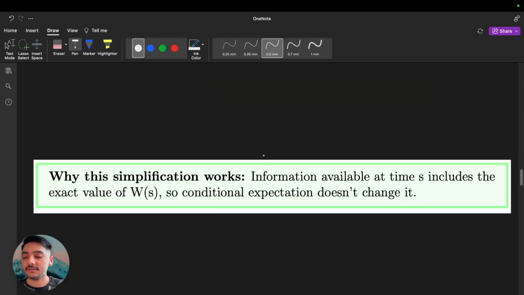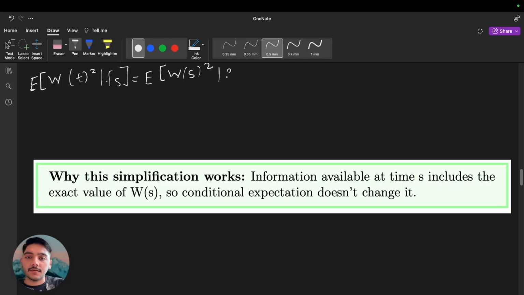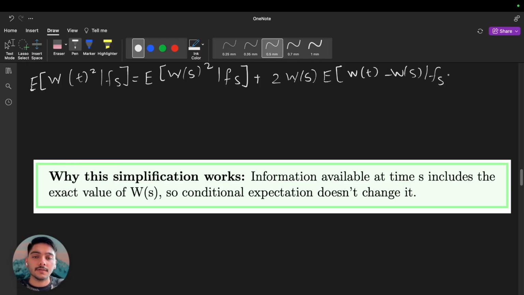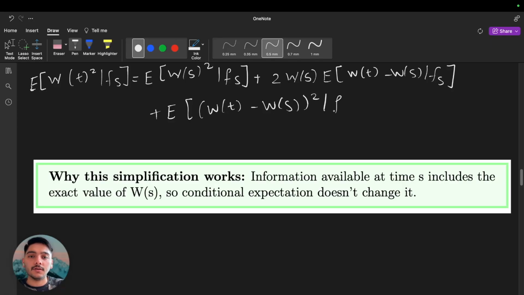Let's take the conditional expectation of our expanded expression, which we have done above. So the expectation of Wt² given Fs is equal to the expectation of Ws² given Fs plus 2Ws times the expectation of (Wt − Ws) given Fs plus the expectation of (Wt − Ws)² given Fs.